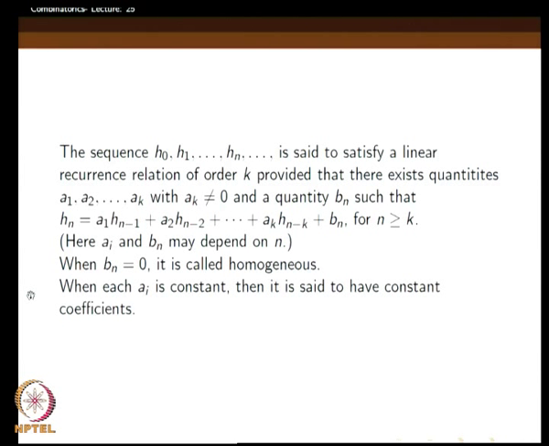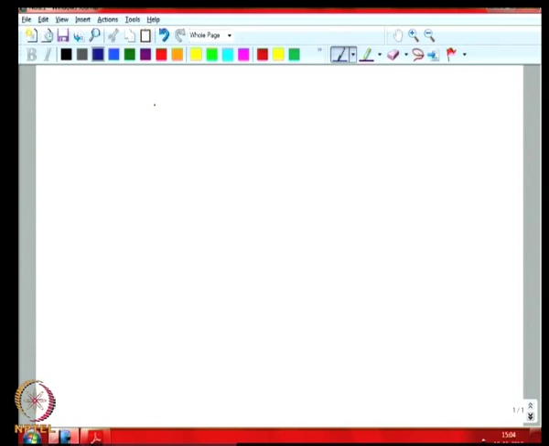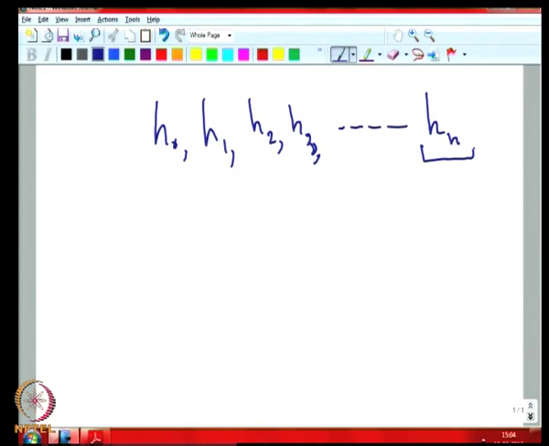I repeat what this thing was. We are talking about a sequence like h0, h1, h2, h3 and so on. The recurrence relation is called a linear homogeneous recurrence relation of order k if the nth term can be expressed in terms of at most the k previous terms.